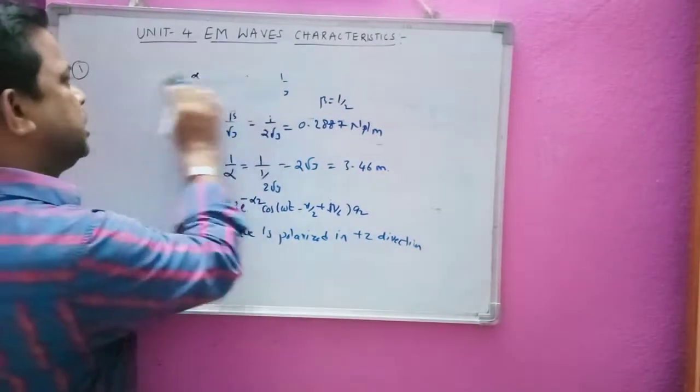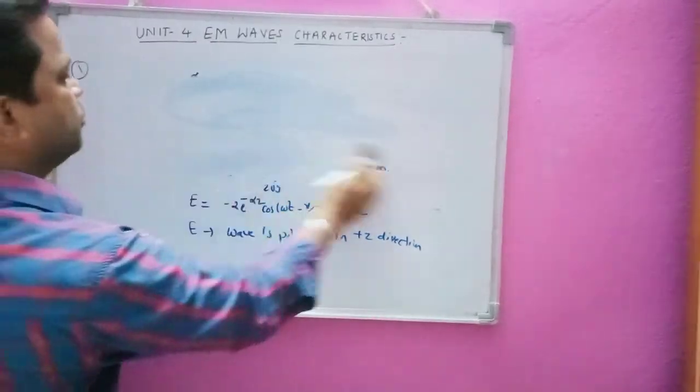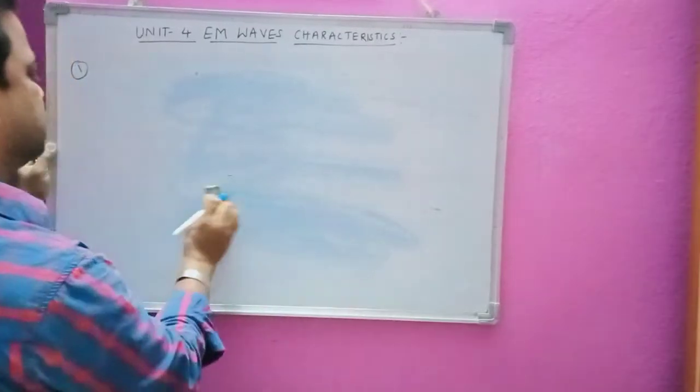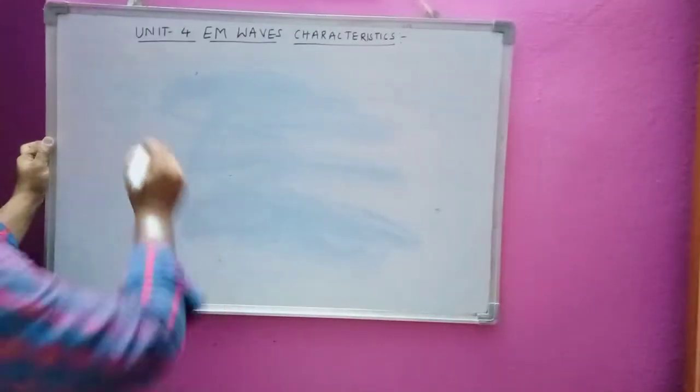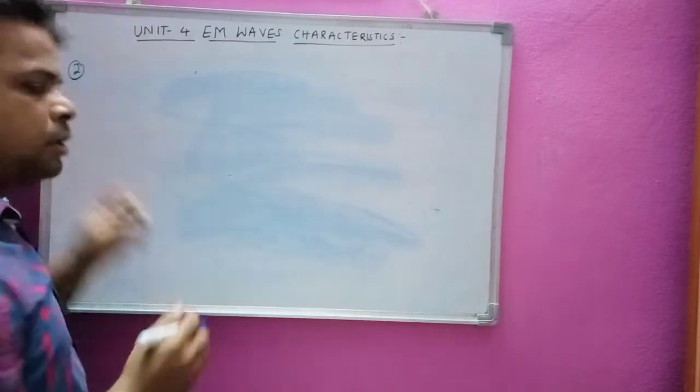Now let us do the second problem. I will read it out instead of writing on the board, because it will take a lot of time to write the problem here.